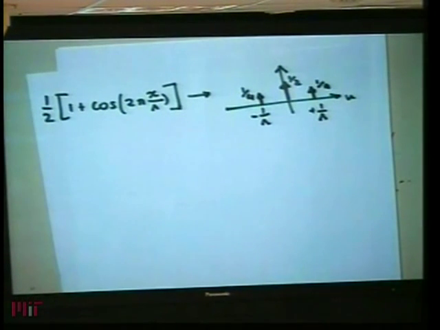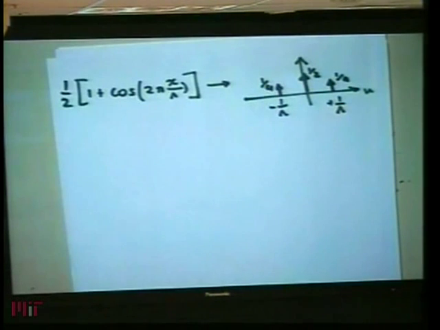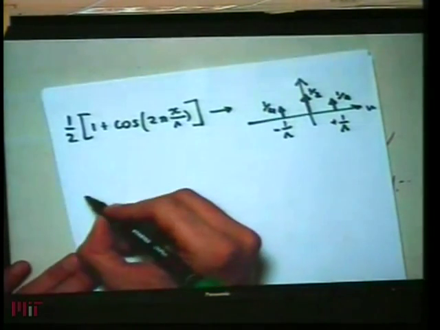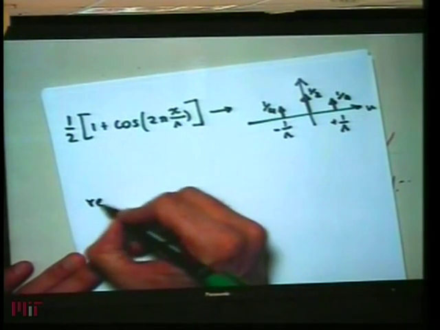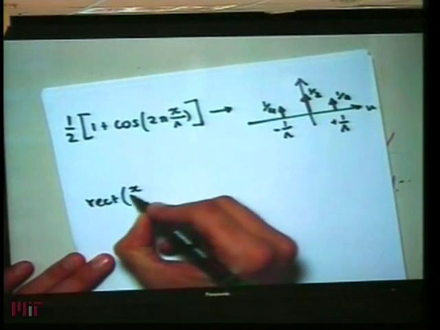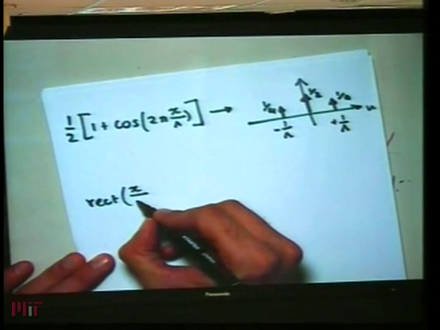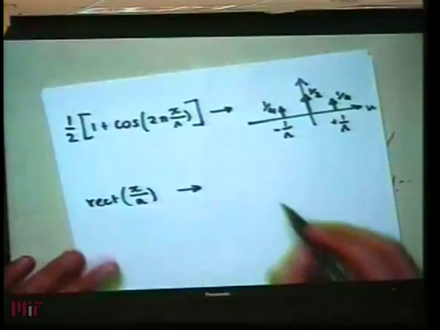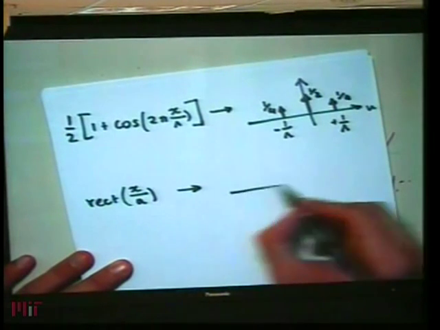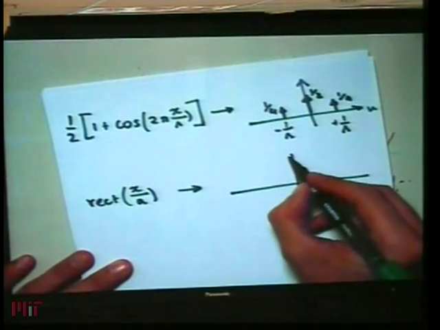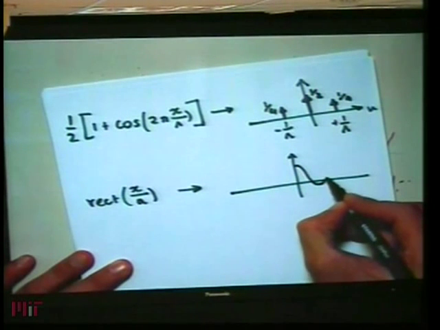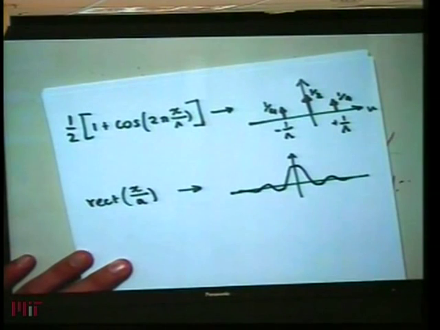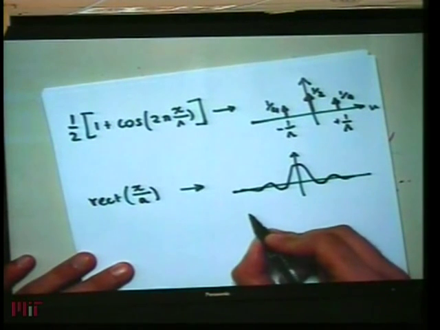Then we have another function which looks like a rectangle, on the top right, and we've already seen this one. The rectangular function, if it has a width, let's say a, then the Fourier transform will look like this. We'll call this the sinc function.